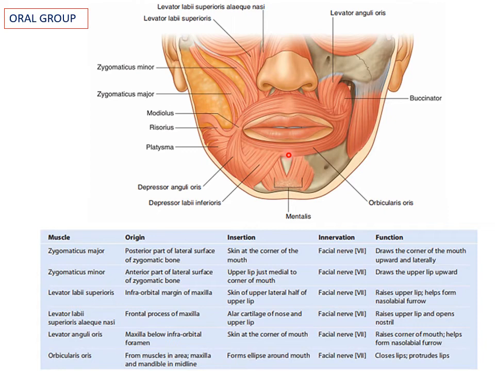The fibers form an ellipse around the mouth. It is supplied by the facial nerve, and the function of the orbicularis oris is that it closes the lips and protrudes the lips. With this, we finish the oral group of the facial muscles, the muscles of facial expression.